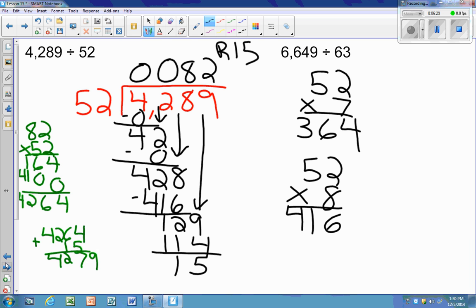And that might be where our mistake is, so let's check it over here. 52 times 2, it should have been 104. So now I was able to catch my mistake as I checked with my multiplication, and I know that my remainder should have been 25 instead of 15. So now I go back here and I check my work here, and we're going to rewrite it to make it neater.